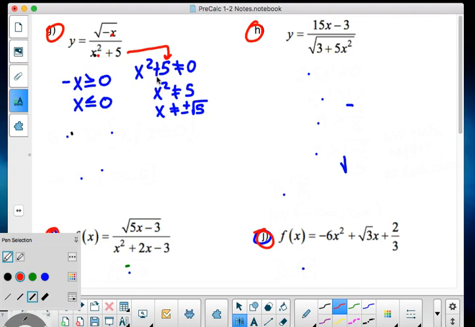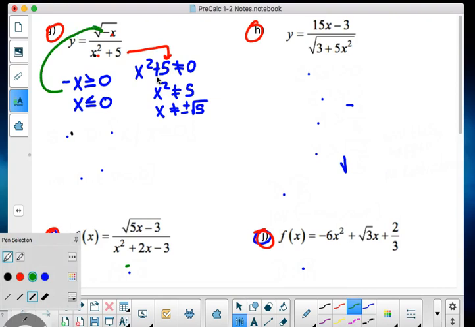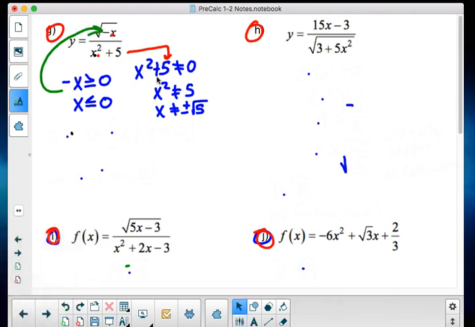But the numerator, the top part of my fraction, can't be negative; it's got to be greater than or equal to 0. So if I solve negative x greater than or equal to 0, I find out that x is less than or equal to 0 after I divide. When I divide by a negative, the sense of the inequality sign switches.